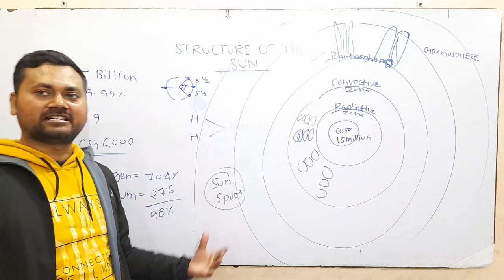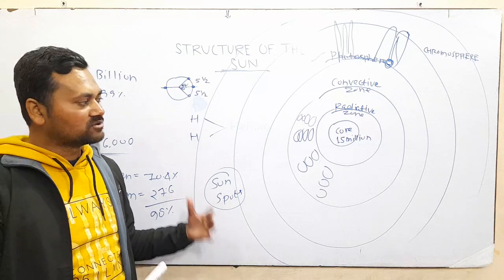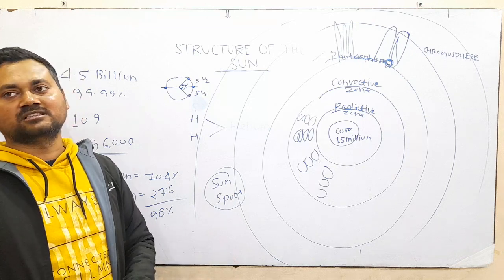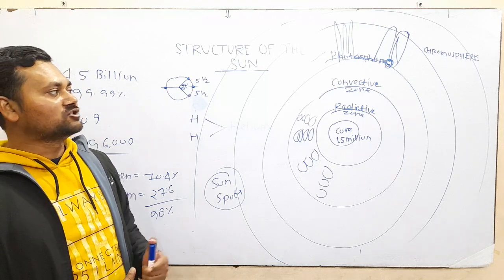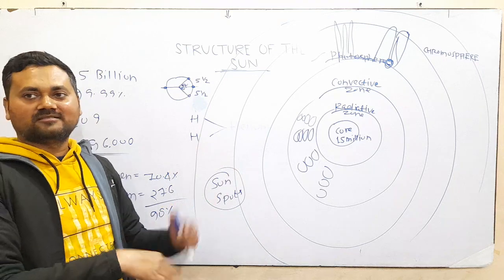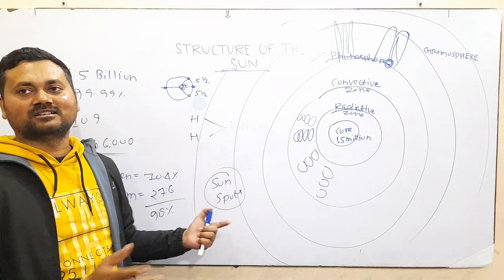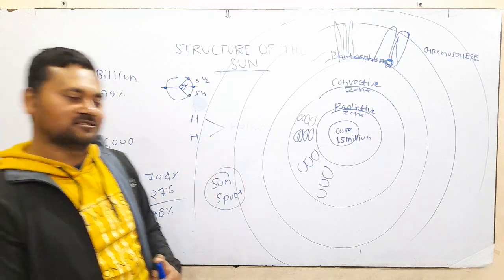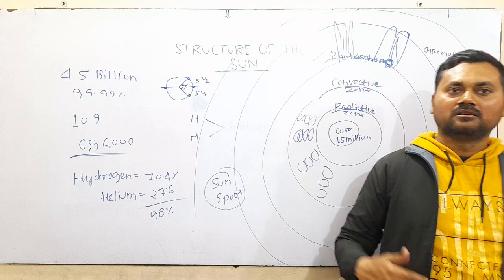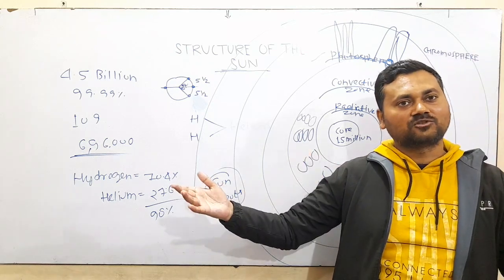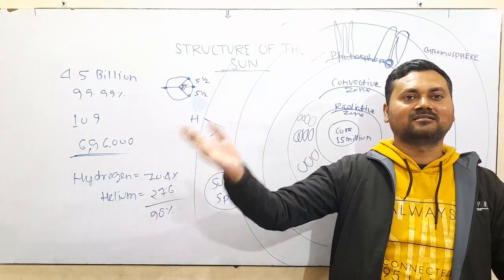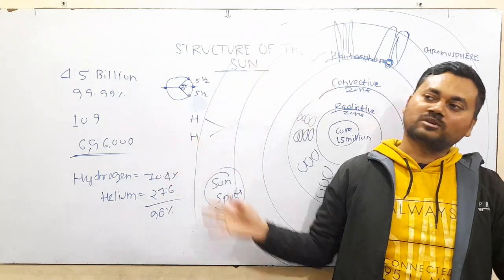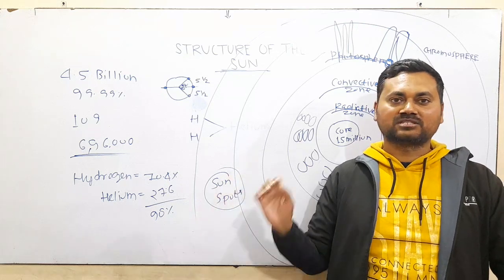If we don't know their characteristics, at least we need to know the sequence of these layers, because in most cases in state commissions, instead of asking for a description, they ask which is the layer where the black spot is formed, or what is the sequence of these layers. It is a little difficult in comparison to the structure of the earth, where there are the troposphere, stratosphere, mesosphere, thermosphere and exosphere. So this was as far as the structure of the sun was concerned.